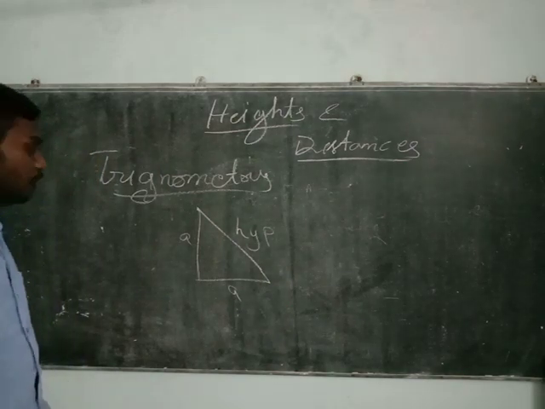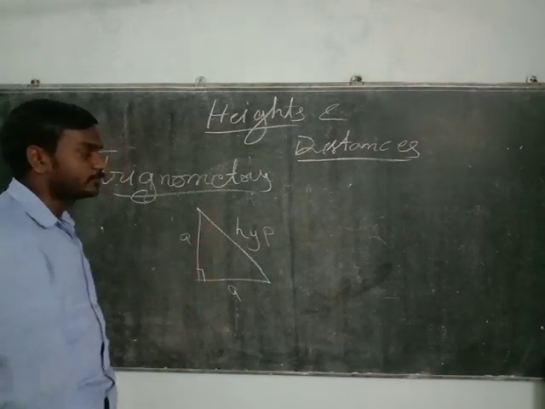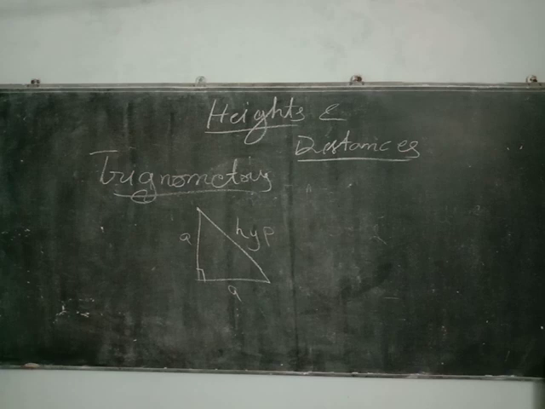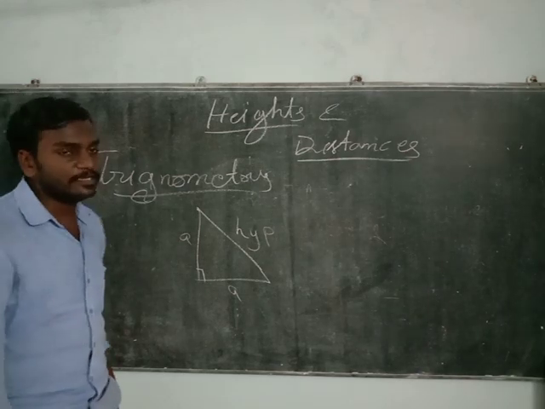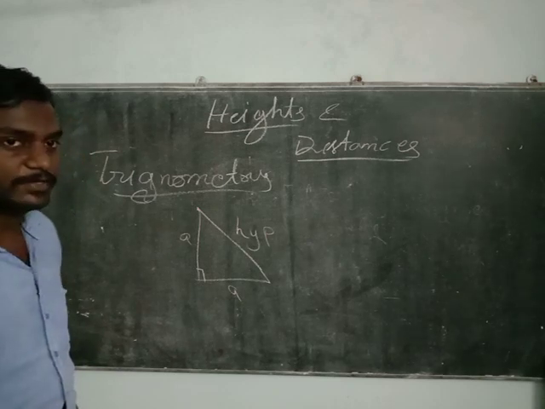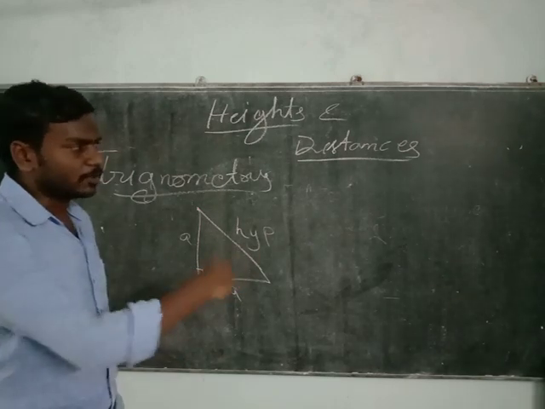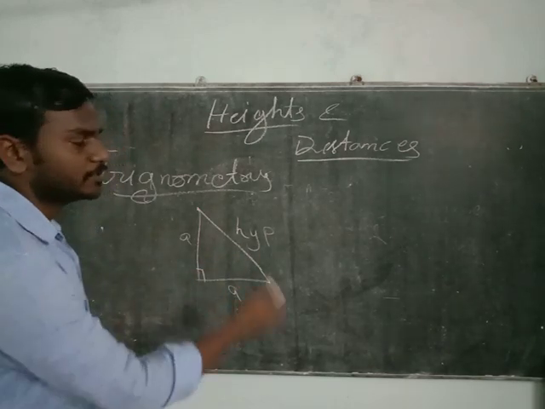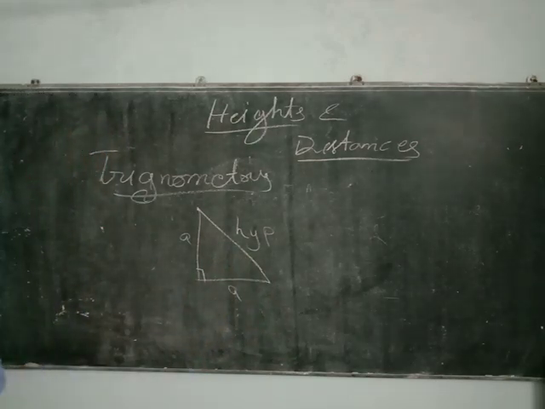So this is one more important formula that we have to remember. Using these formulas, we can easily find any type of unknown value which is given. Either you can call it applications of trigonometry or heights and distances, that's up to you.